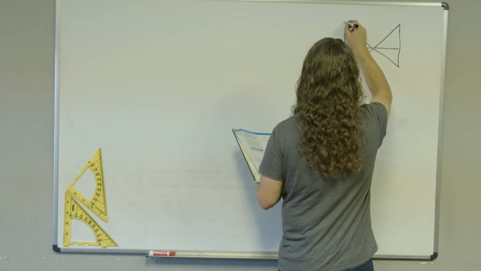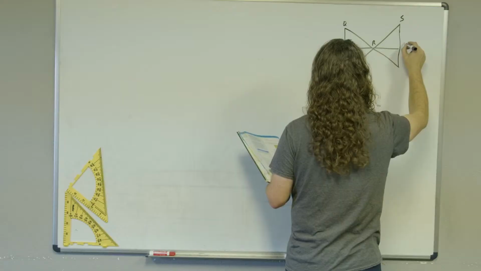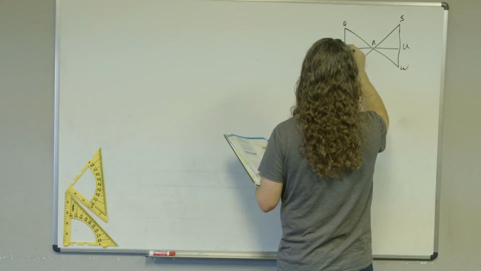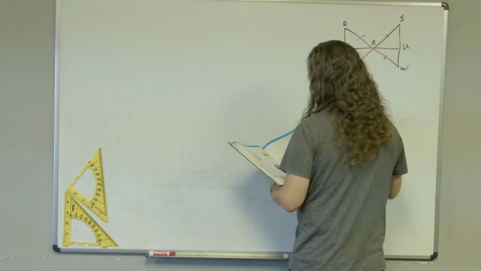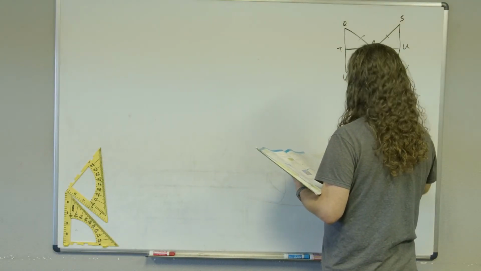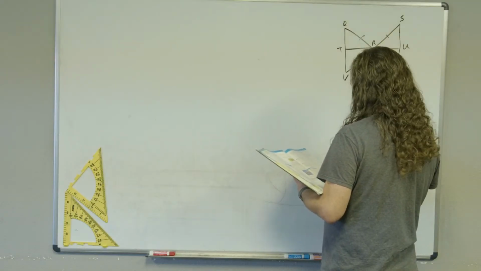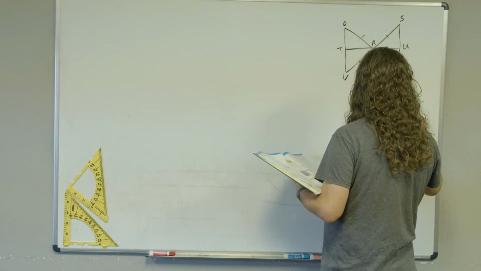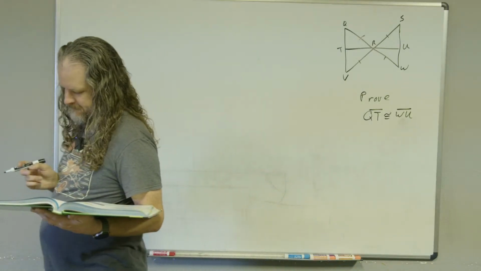And Q, R, S, U, W, V, and T. We've got these labeled like this. We're supposed to prove that segment QT is congruent to segment WU.